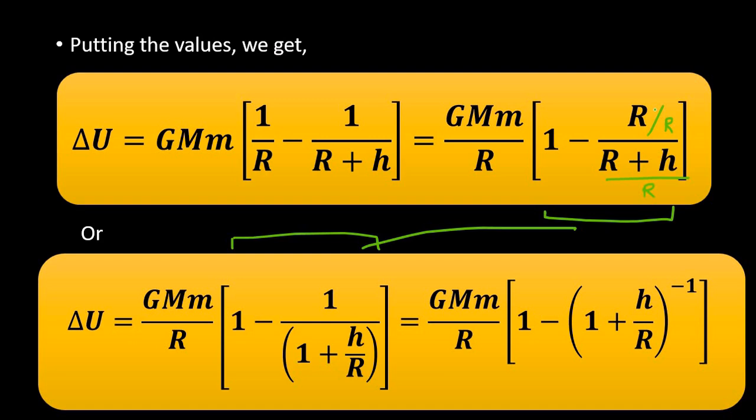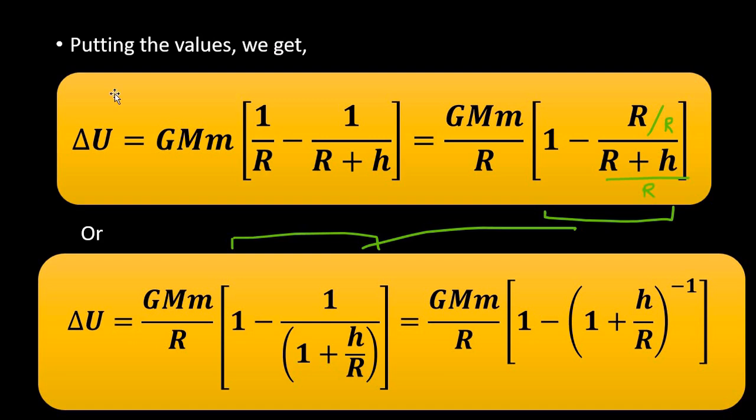So it is capital G capital M small m by capital R into 1 minus 1 by 1 plus small h by capital R. Again we can write it as GMm by R into 1 minus (1 plus h by R) to the power minus 1. 1 by something is that something to the power minus 1.